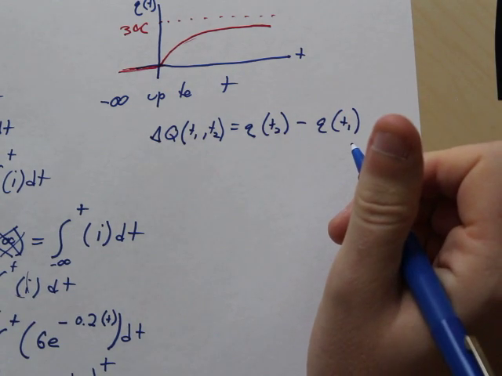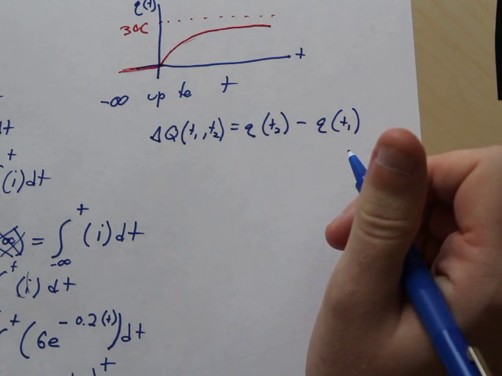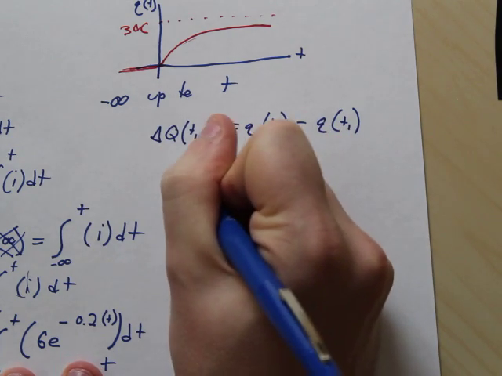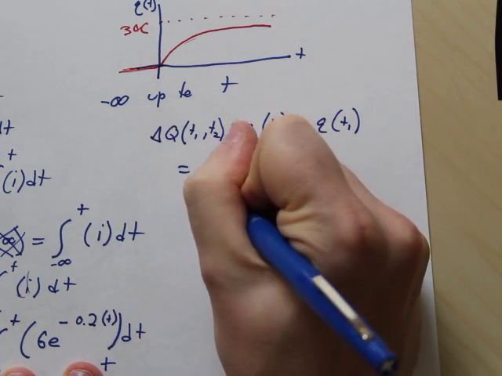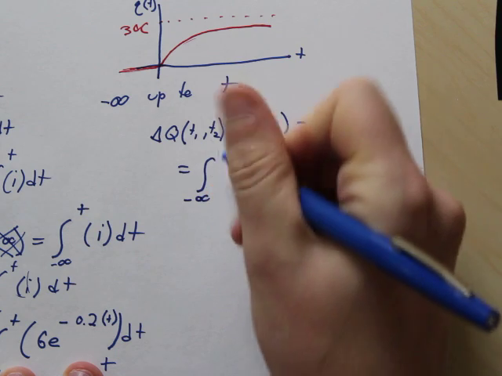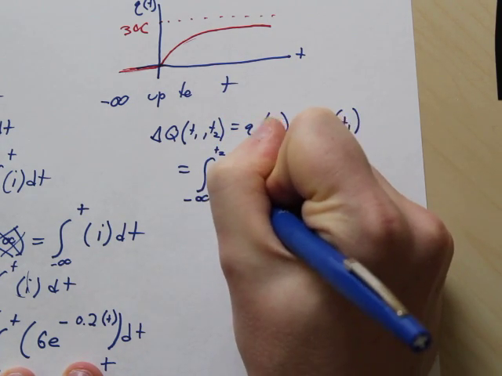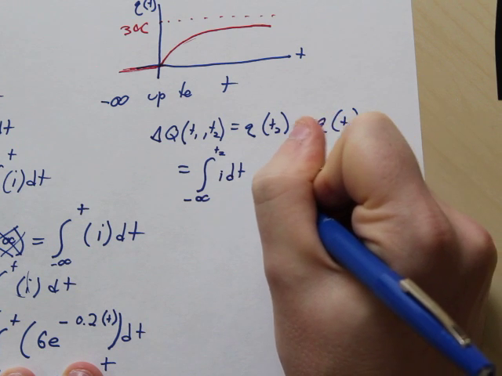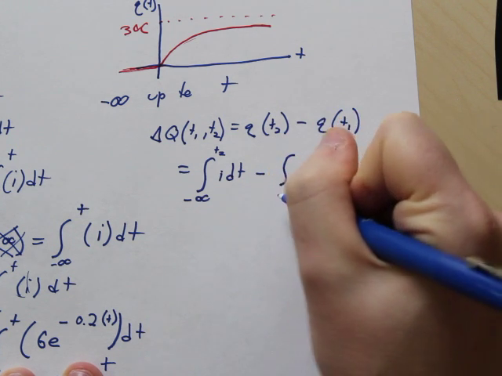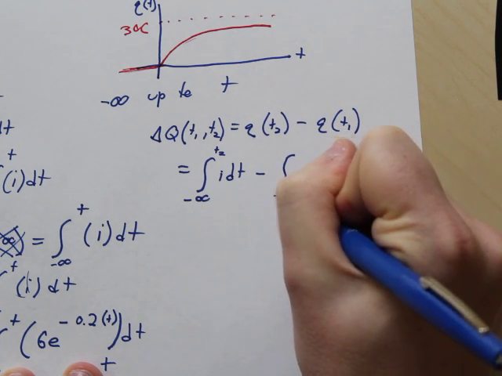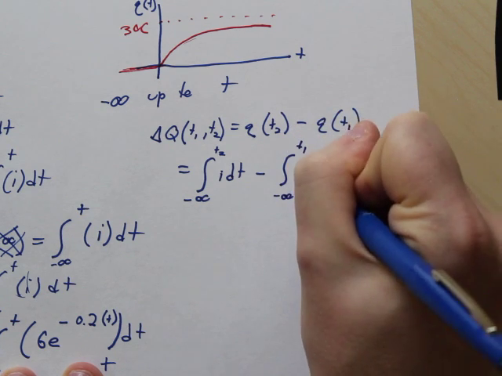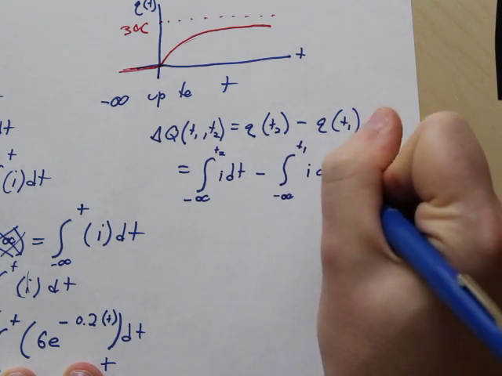Cool. Alright, so let's write that up into an equation. So this is going to be equal to the integral from minus infinity to T2 of I dt minus the integral from minus infinity to T1 of I dt.